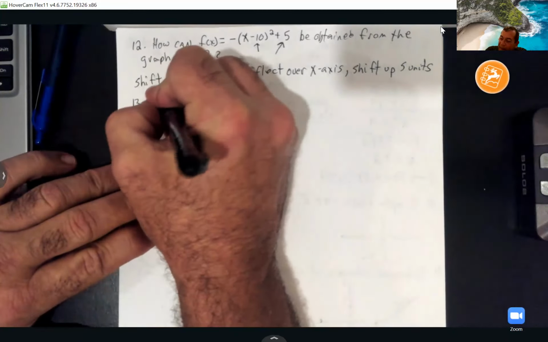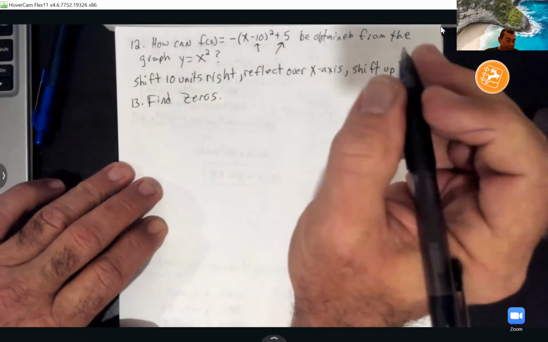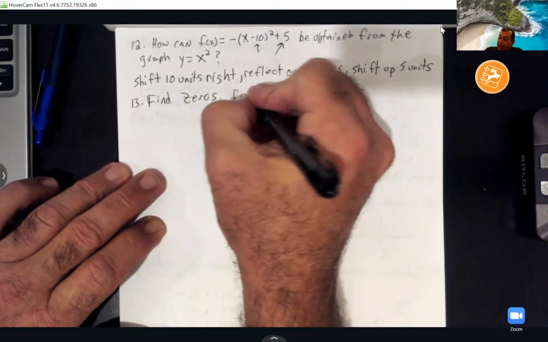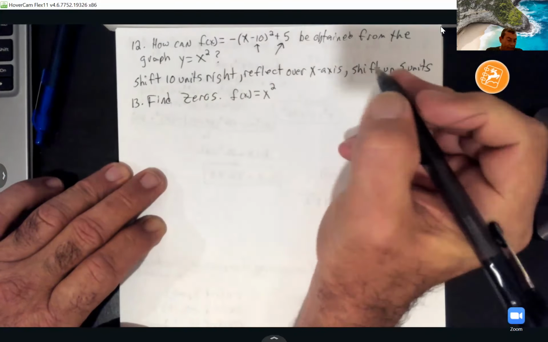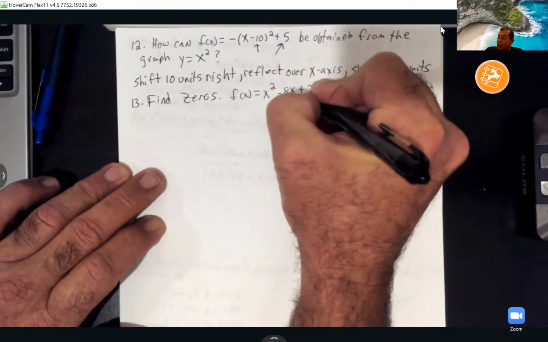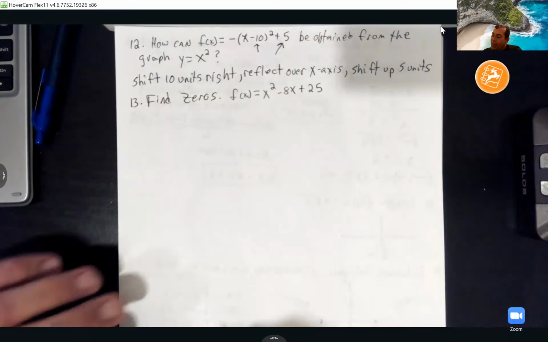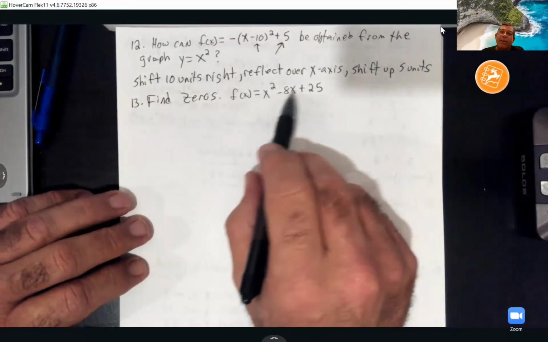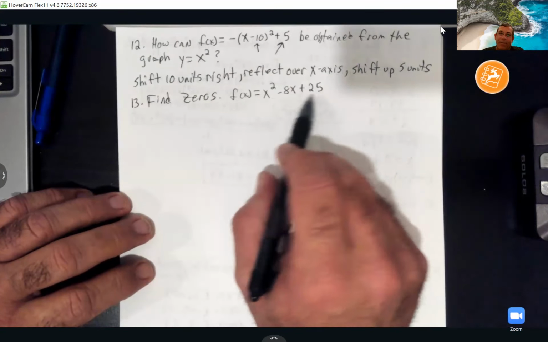All right, 13, find zeros. And they're giving us f of x equals x squared minus 8x plus 25. Now, this one would have been really nice if it would have factored, but y'all, 13 ain't going to factor for you.